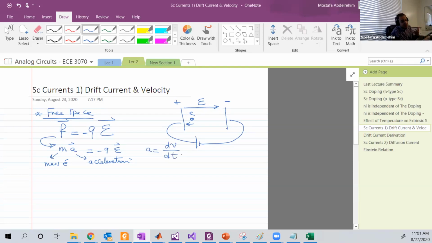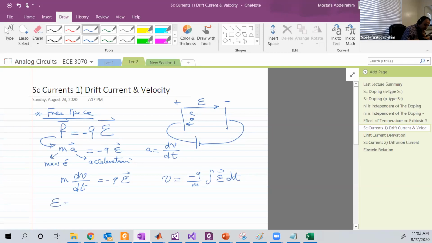What is acceleration? Acceleration is just the change of the velocity with time. So M dV by dt is equal to minus Q epsilon. So we can say that V is equal to minus Q over M, yes, the integral of epsilon dt.